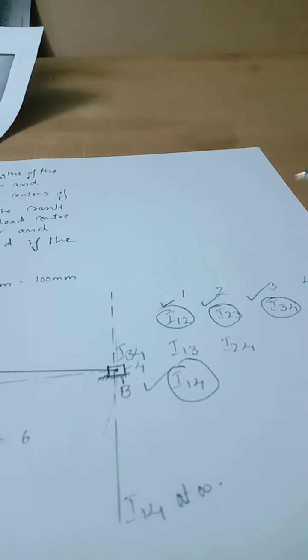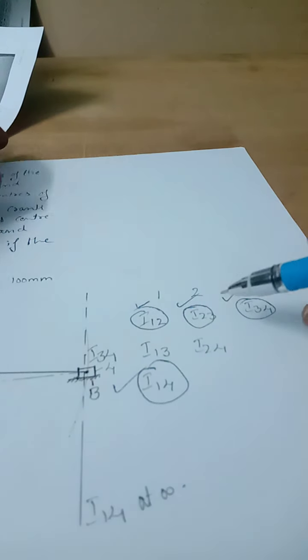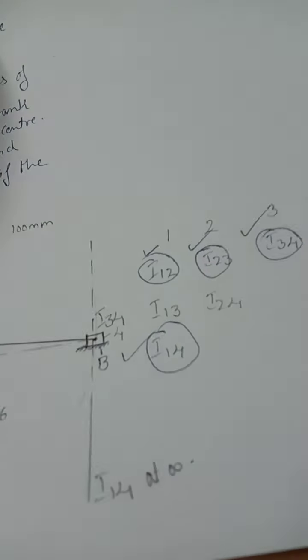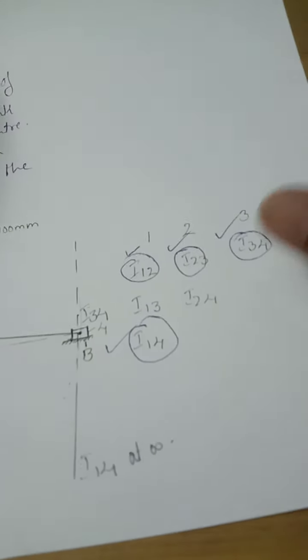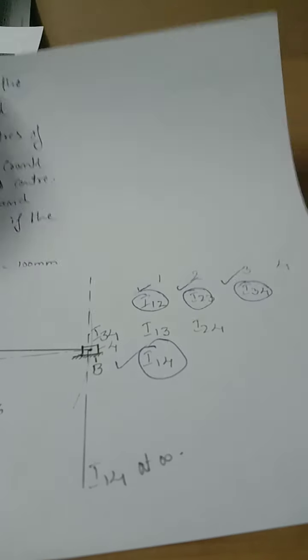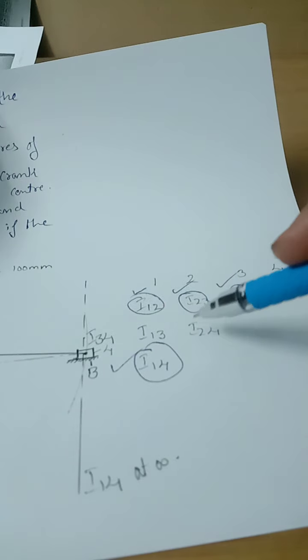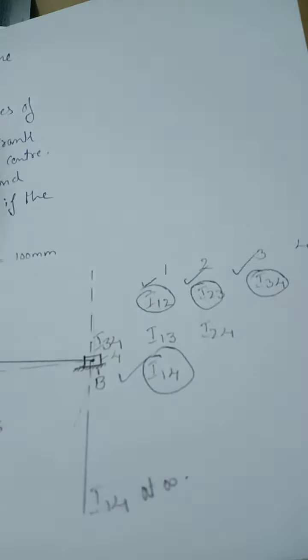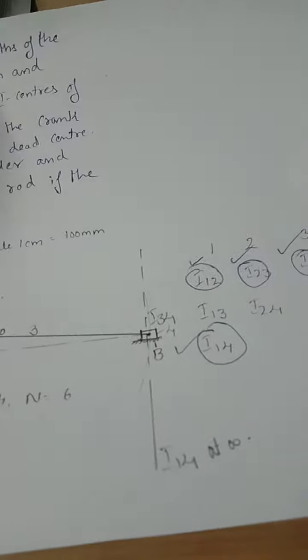All these I centers have been located by visual inspection only. Now what is left over? Left over are I13 and I24. So I want to locate I13 and I24.